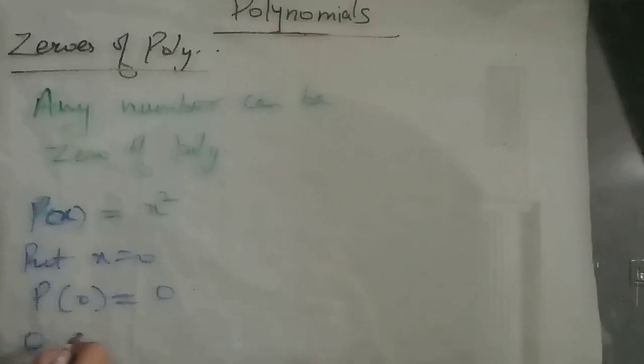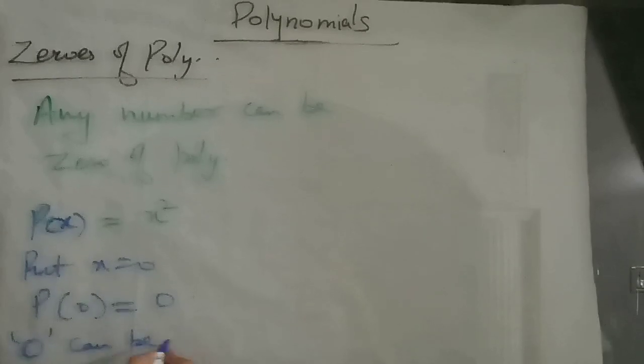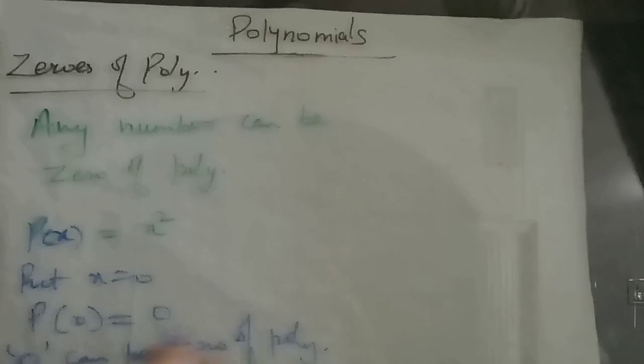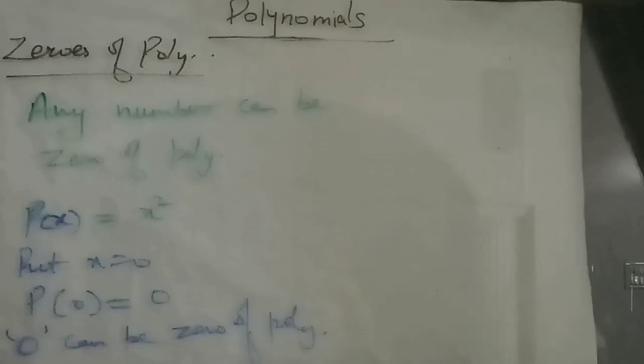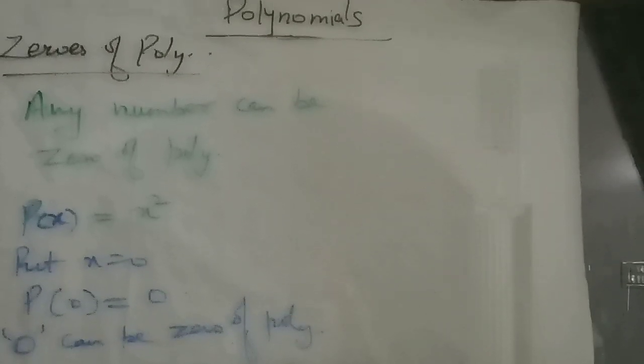So 0, the mathematical 0, can also be the 0 of the polynomial. 2 can also be the 0 of a polynomial, 1 can also be the 0 of a polynomial. So any number can be the 0 of a polynomial. It may be a real number, rational or irrational.